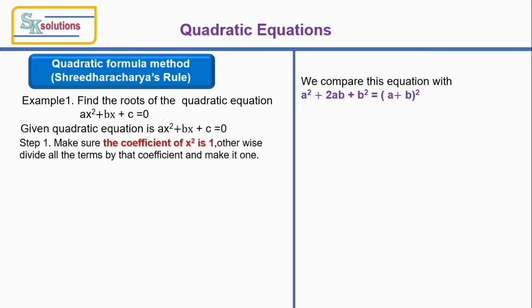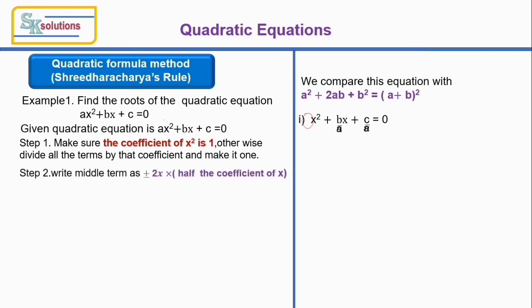First rule is make the coefficient of x square 1. Here the coefficient of x square is a, so we need to make it 1. For making it 1, we divide by a, and then take c by a to the other side.